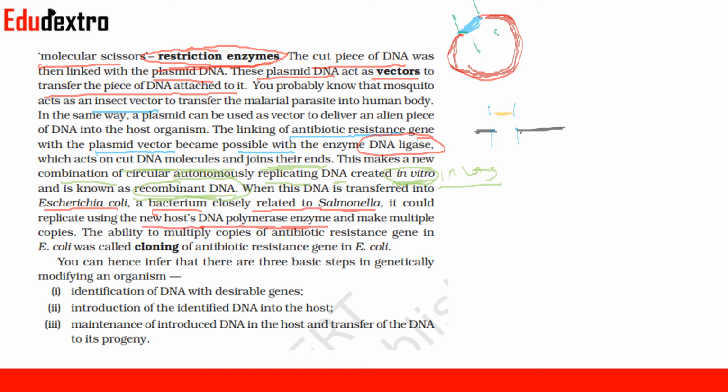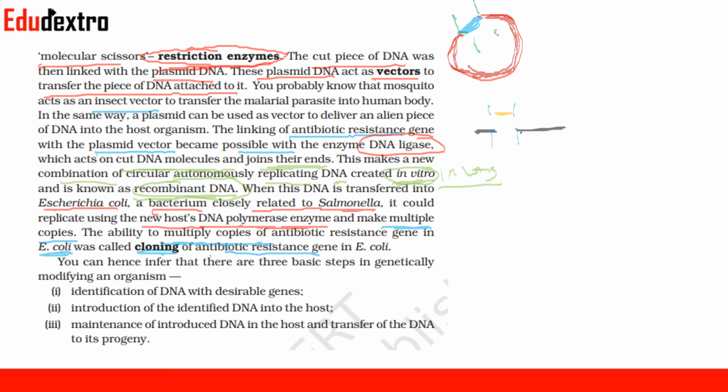So using the specific mechanisms of the host, the foreign gene is replicating. That is what we had told 2 to 3 slides behind, right? So using the DNA polymerase enzyme, it is able to make multiple copies. The ability to form multiple copies, as we know, is called cloning in E. coli, right? And we are cloning the antibiotic resistance gene in E. coli.